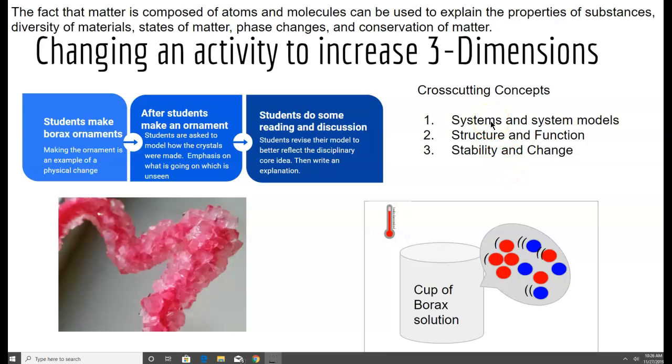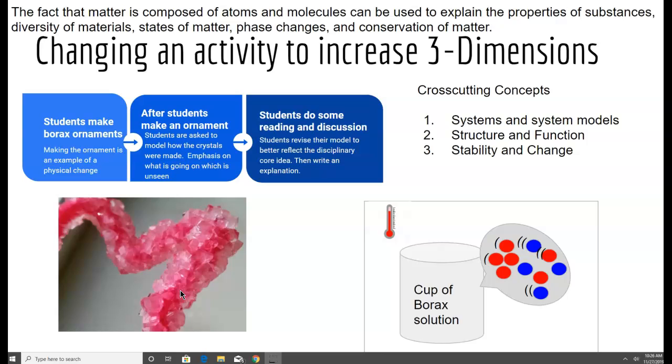So once again, we mentioned that there was a system, and we made a model of the system in terms of talking about inputs and outputs. We also talked structure and function because the crystals initially, if you ever look at 20 mule team borax, the crystals, how they look there and how these crystals look, they do look different, and we discussed what is going on in terms of the structure and how those better crystals are being made.